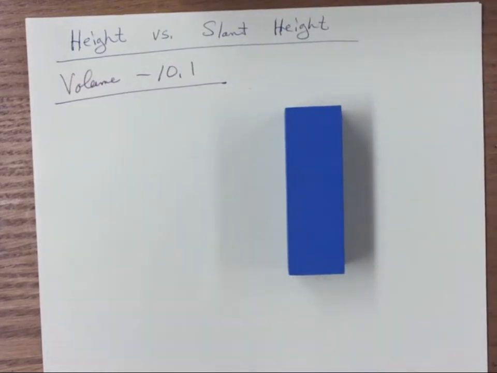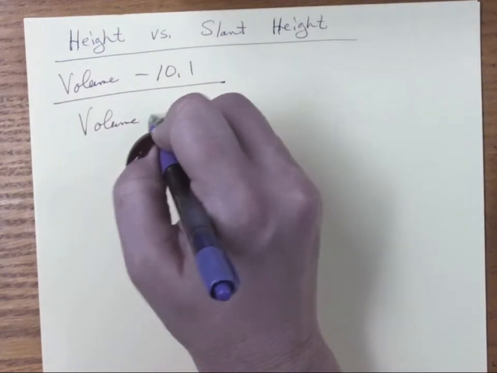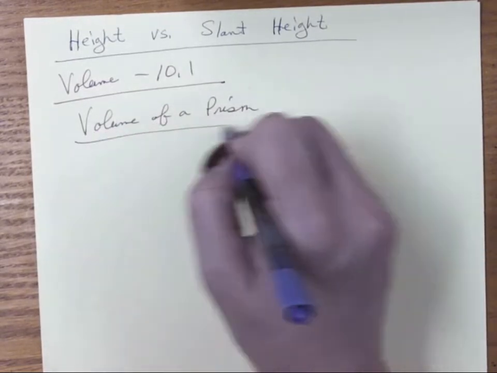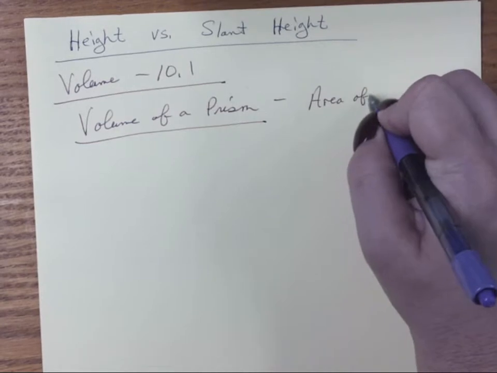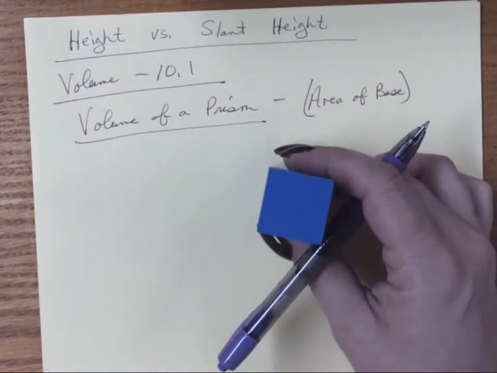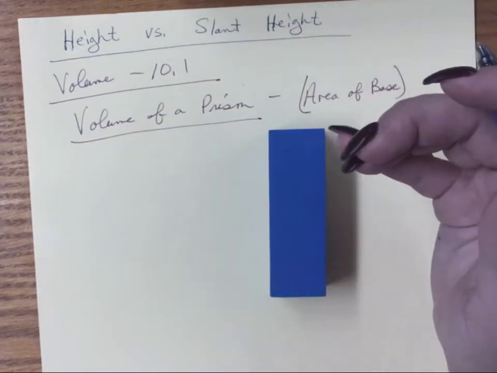So what they tell us in general for a volume of a prism is that what we should do is figure out the area of the base, however big that is, right? And then figure out how many of those would fit in the total height.